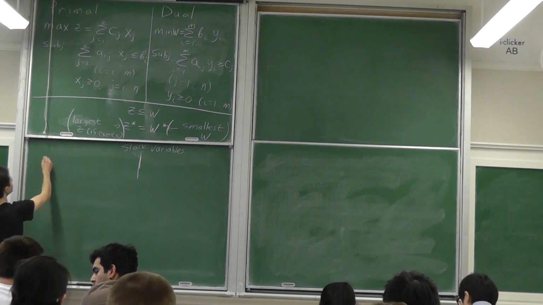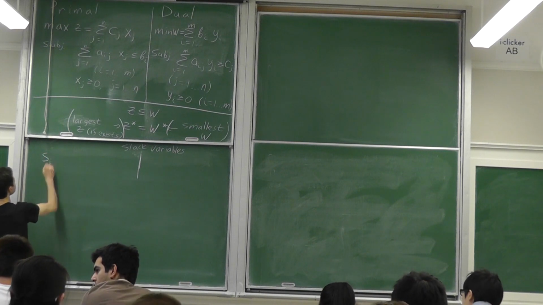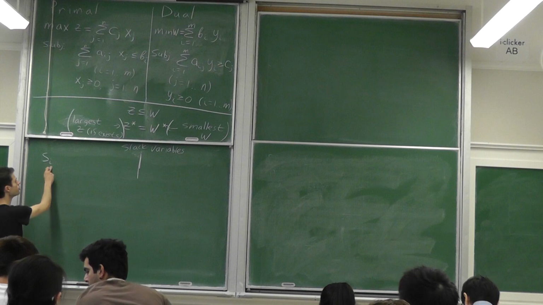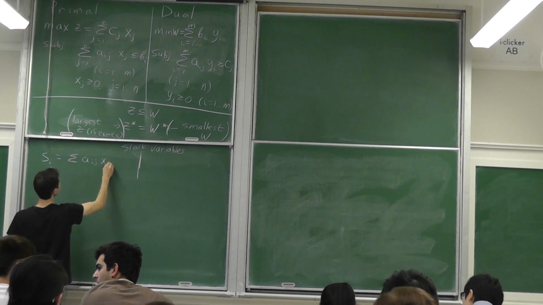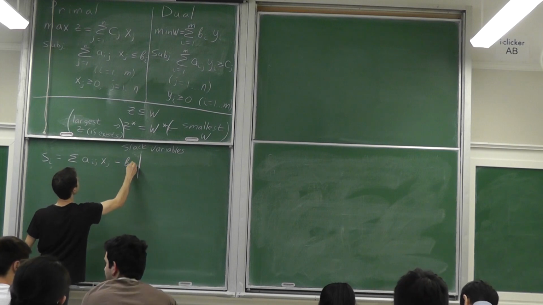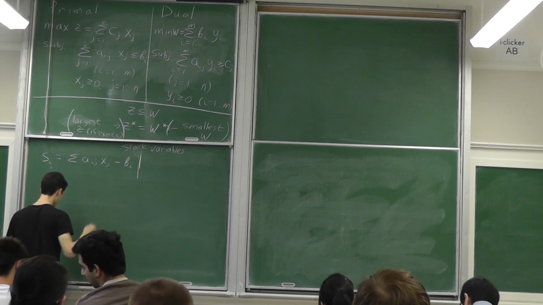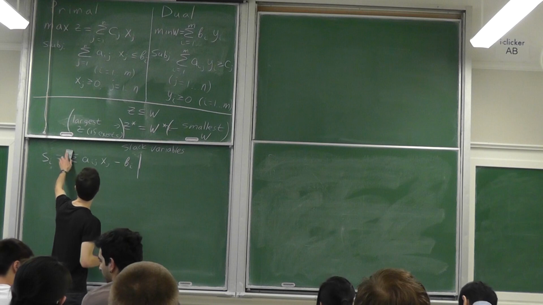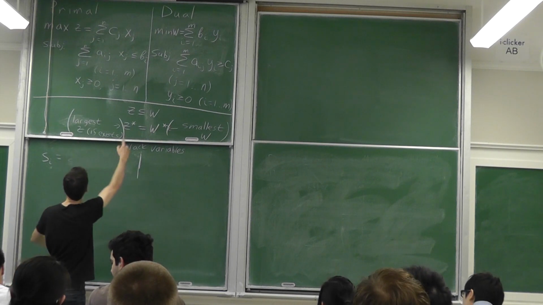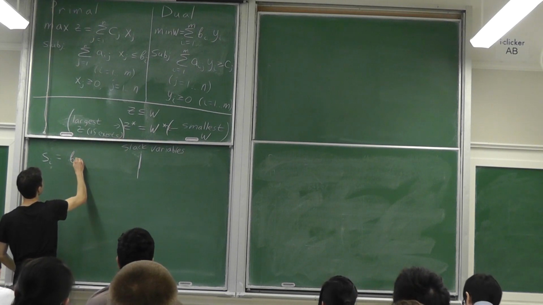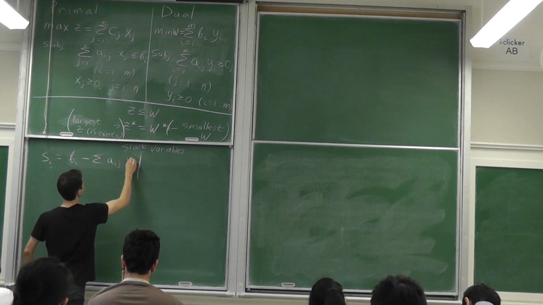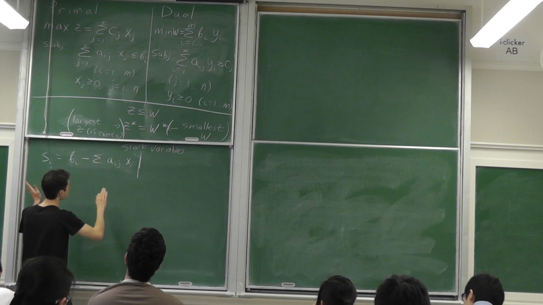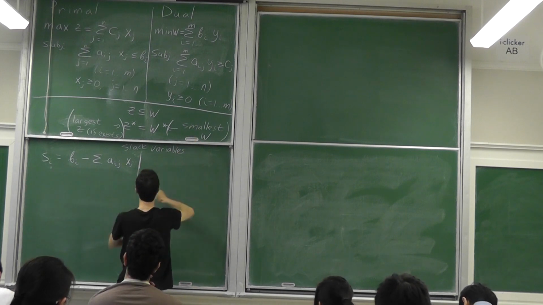So here it will be: slack variable S_i corresponding to constraint number i is the sum of a_ij x_j minus b_i. Oh my god, I want it to be positive, of course. It's b_i minus the sum of a_ij x_j.